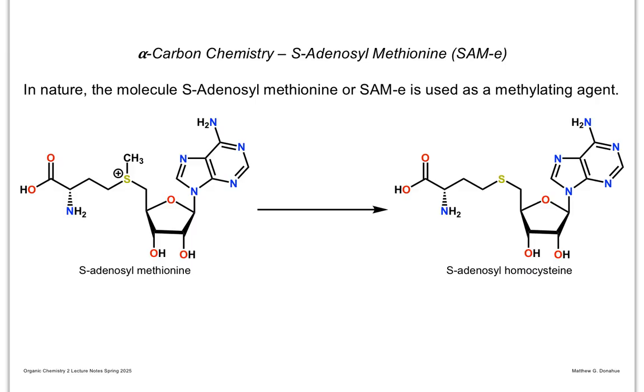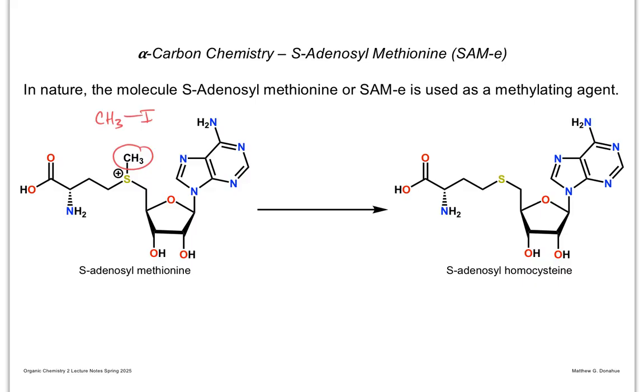So this is an electrophile, and this methyl group is electrophilic. So what you can think of that biological molecule as is the equivalent of iodomethane. So in lab, we would use iodomethane as an electrophile for one carbon, and then nature uses this SAMe.